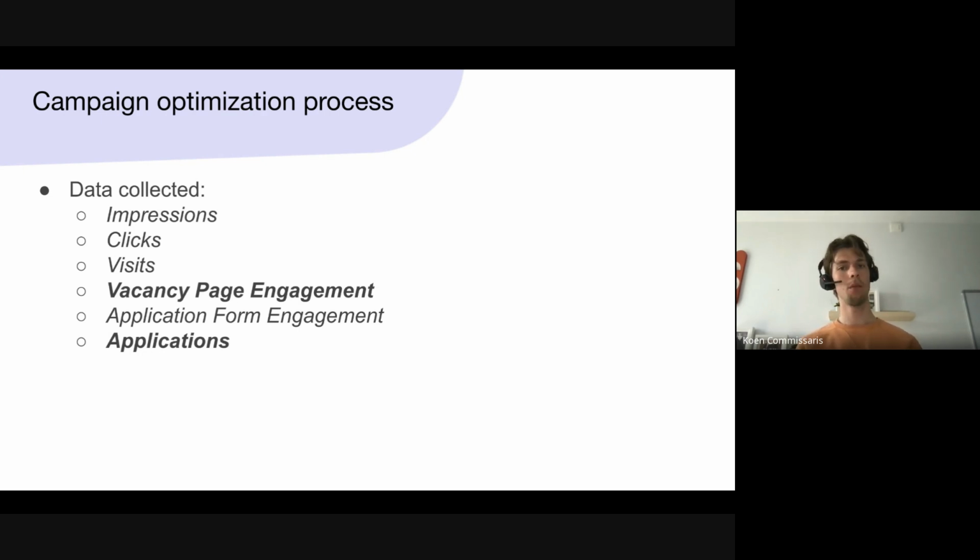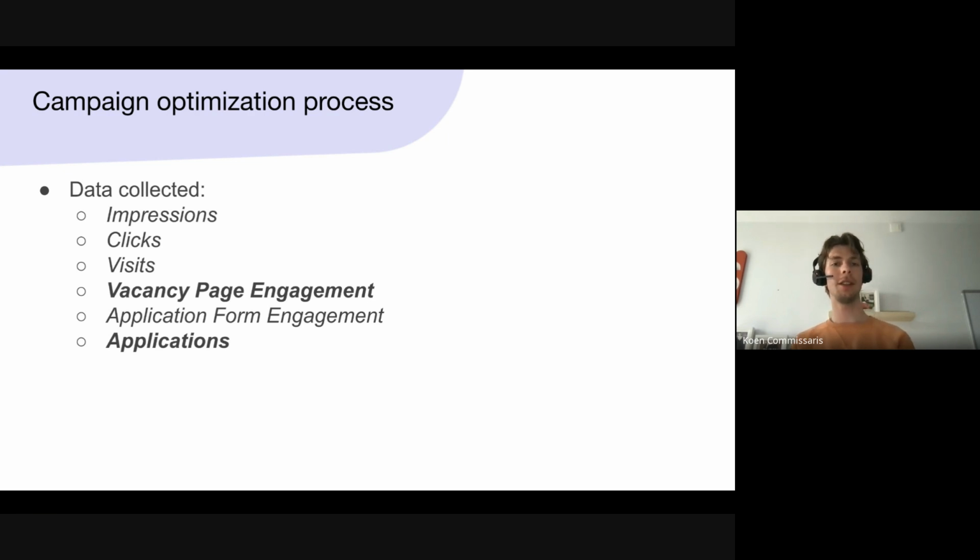You may wonder why not only the applications. This is because in many cases, there aren't enough applications to have a significant data point to optimize your campaign on. So for instance, if you only have 6 to 10 candidates, this is not enough data to really learn which people to target and which people to not target.